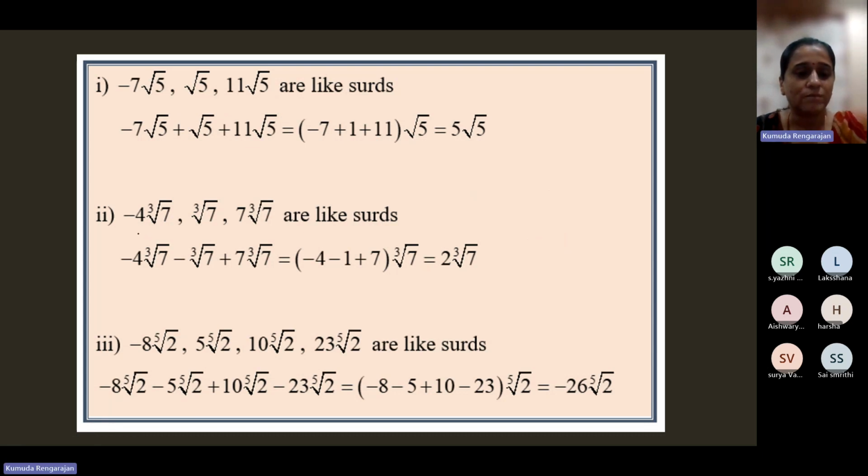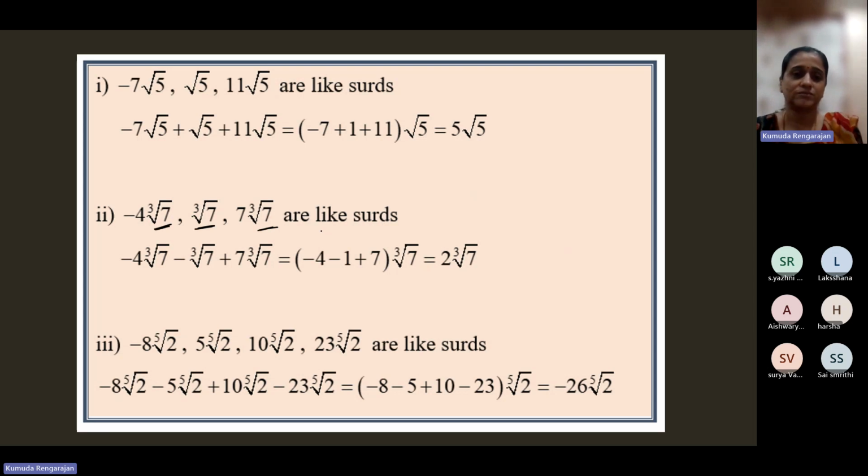In the next one, minus 4 cube root of 7, cube root of 7, 7 cube root of 7. This is multiplication, like x squared y, which is x squared into y. Similarly, minus 4 cube root of 7 means minus 4 into cube root of 7. You can see that the irrational factor, cube root of 7, is the same.